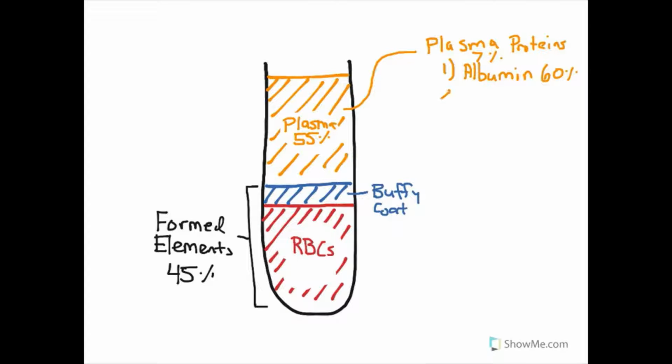Our next one is the globulins. These globulins come in several types, but globulins are about 35% of overall plasma protein composition.